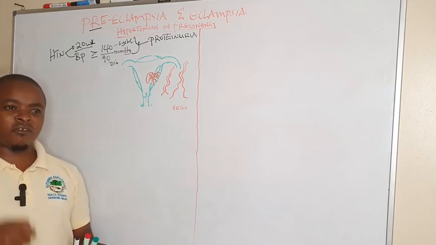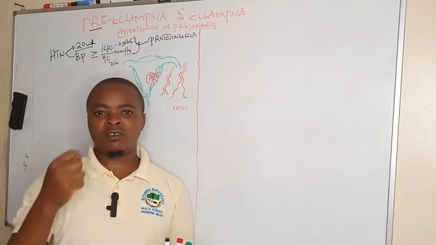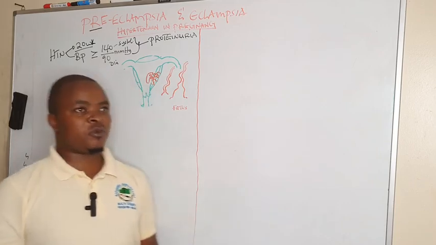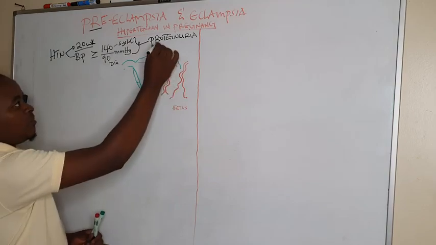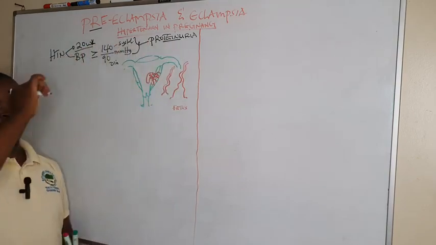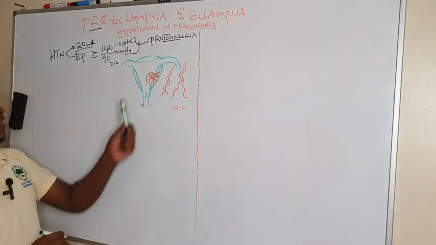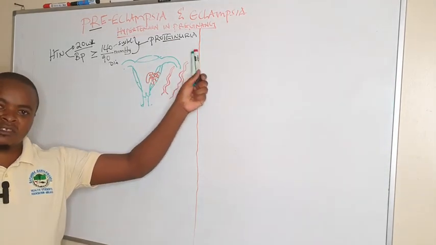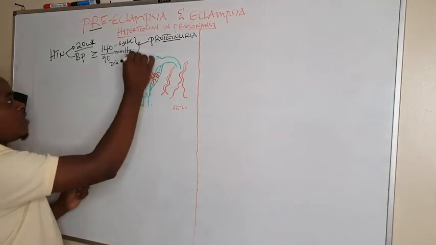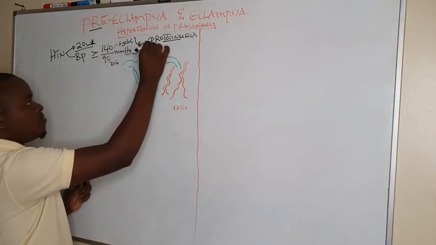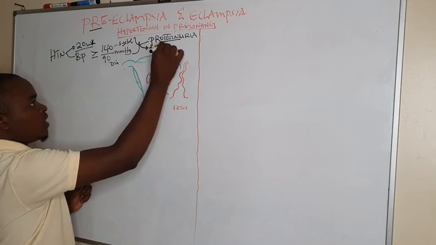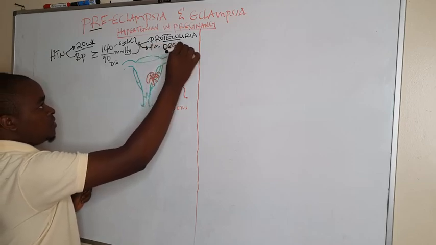As you're urinating, you find there is much formation of foam or bubbles on top of the urine. That's when you can go to the lab and we check if there is presence of proteins in urine. So it is characterized by presence of proteins in urine, with or without organ damage.